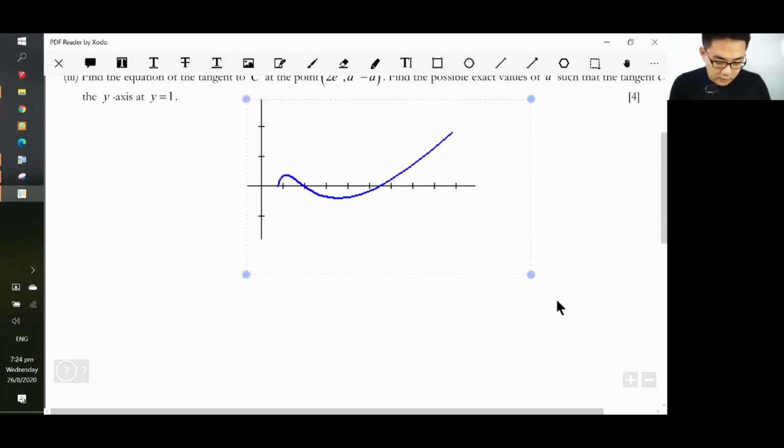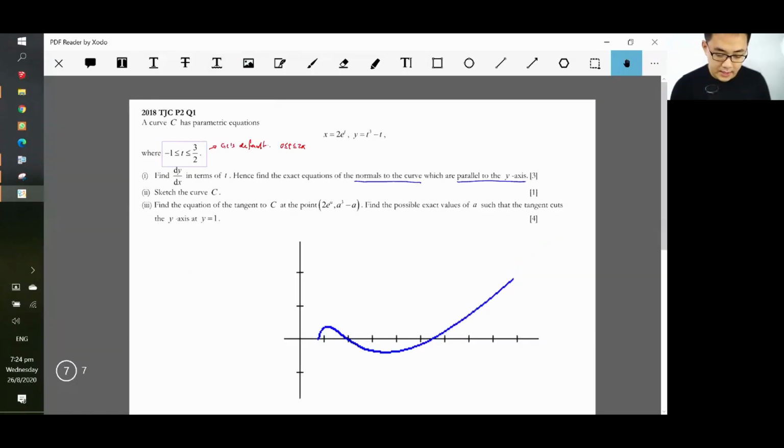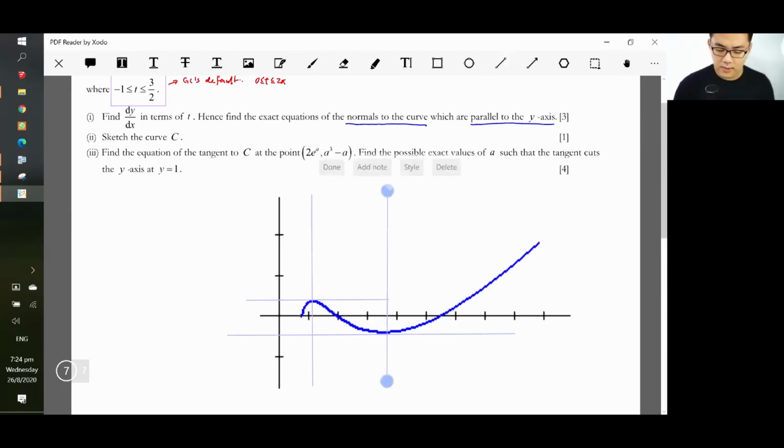You don't have to sketch a graph for the first question, but if you want to understand, you just plot in your GC. Then you understand which is a normal which is parallel to the y-axis. So you know that tangents are here. If the normal is parallel to the y-axis, it means the tangent will be parallel to the x-axis. It's very annoying. It's just like working backwards.